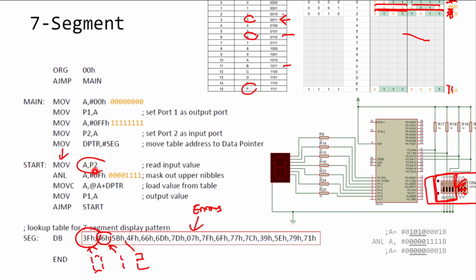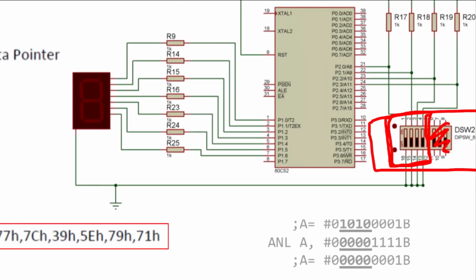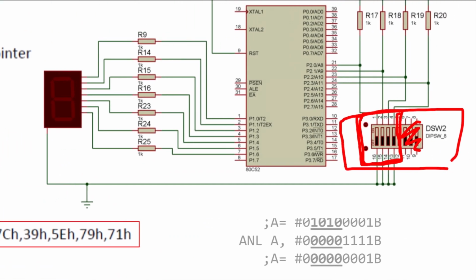So we first read from the P2 to A, and then, let's say that this pin is on and other pins are off. If this is connected, that means that this over here will be 0 because it's connected to ground, you see?